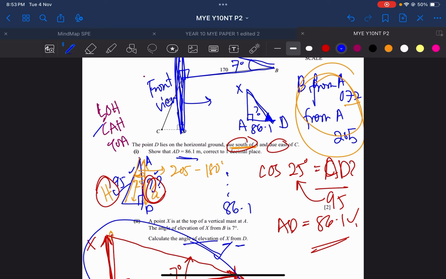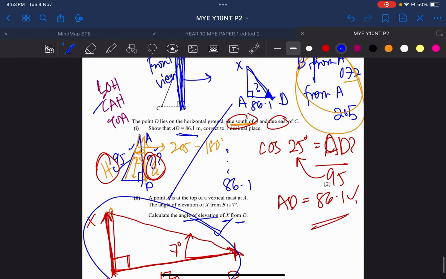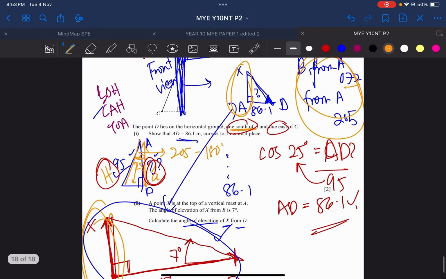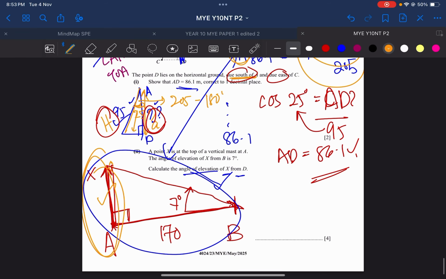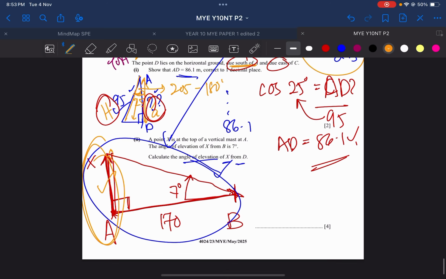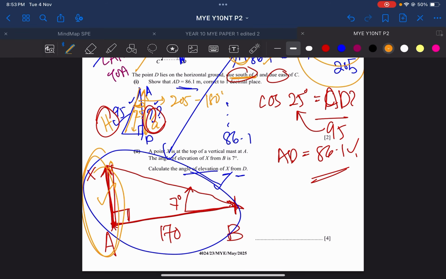Maybe daripada merah ni, apa yang dorang ada in common, I think you see it as well, hopefully, AX. So maybe daripada merah kita cari AX. Once I find the AX, kita ada AD and AX, dua side, can find the one angle. That means kita akan pakai SOH CAH TOA. So artinya kita akan cari AX dulu yang merah.